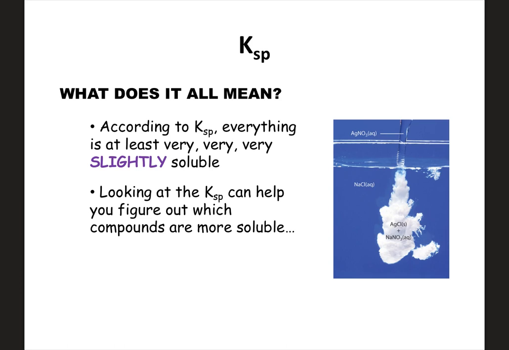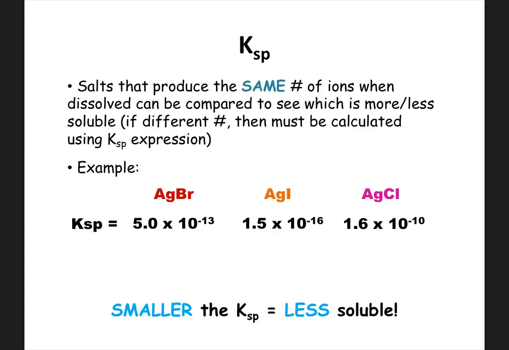So we can look at Ksp to figure out which compounds are actually more soluble here. If you have Ksp values for salts that produce the same number of ions when they're dissolved, you can compare the Ksp values to figure out which is more or less soluble.